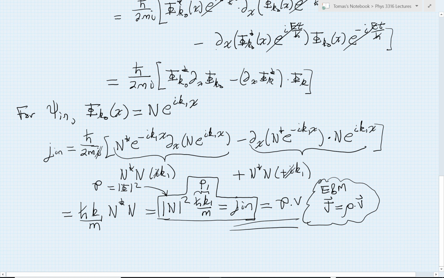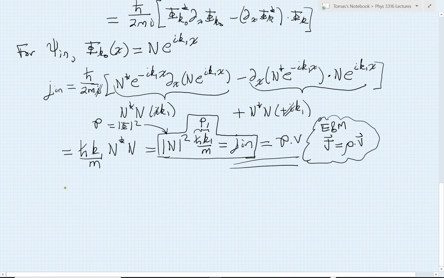Great. So that formula I'm very happy with, because what it tells me is the incoming probability per unit time in that incoming wave, which, if you want to think about it mentally, unit probability would be 1 particle per unit time.